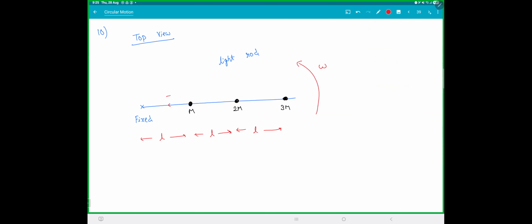So this rod will have tension T1, this rod will have tension T2, and this rod will have tension T3. Neglect any gravity, find T1, T2, T3.